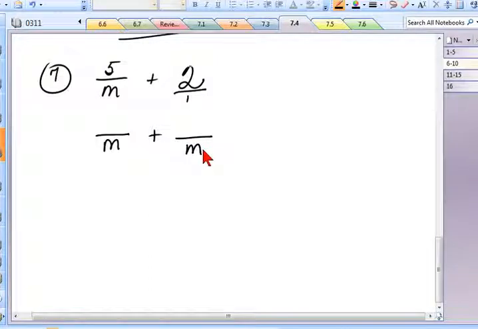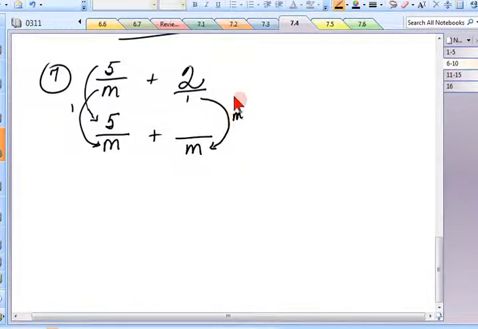Once you get the common denominator, then it's time to build the equivalent fractions, and I'm going to do my comparison. What has m been multiplied by to get m? 1. So 1 times 5 is 5. Comparing the second one. What has 1 been multiplied by to get m?